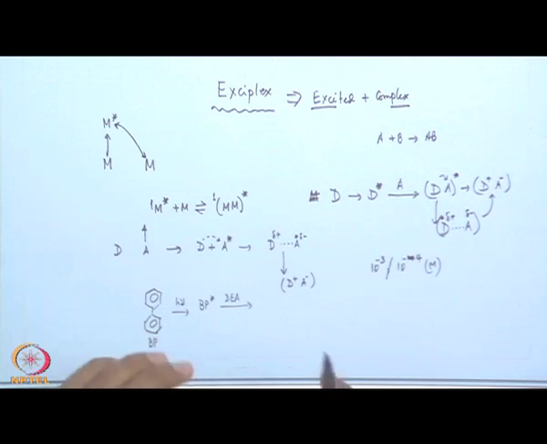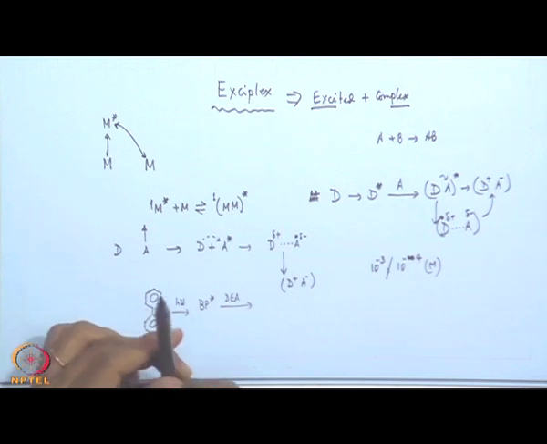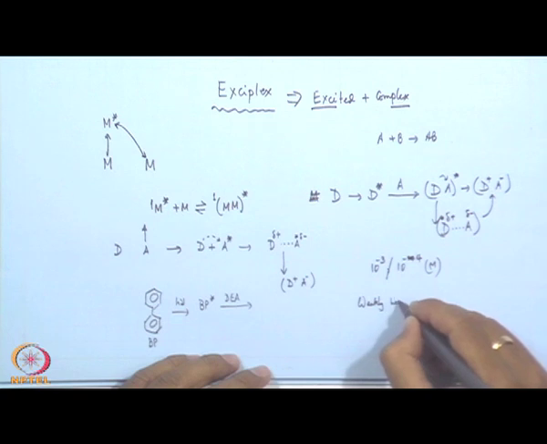So, this exciplex or excimer, these are a general class of weakly bound complexes. These are not strongly bound complexes.